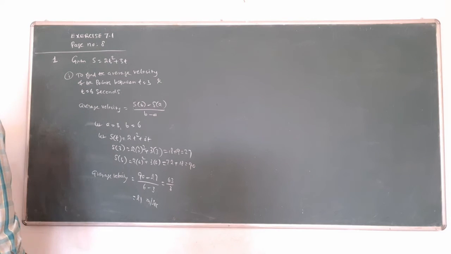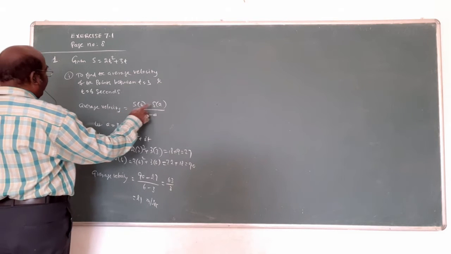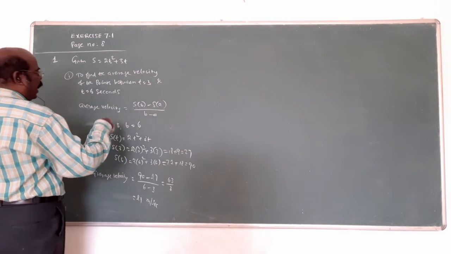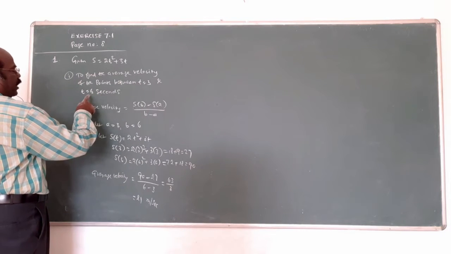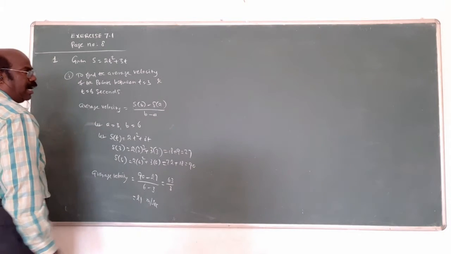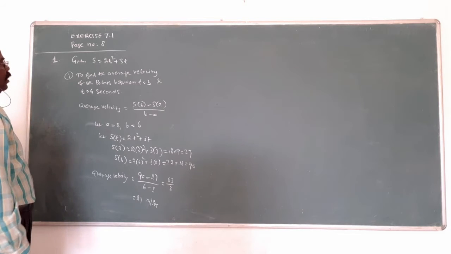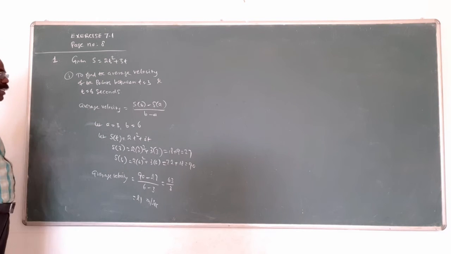In the question itself, meter and t second are given, so meter per second is the average velocity. This is the small formula, s of b minus s of a by b minus a. Here the points are 3 and 6, that is a, b. Substitute there, simplify the answer.